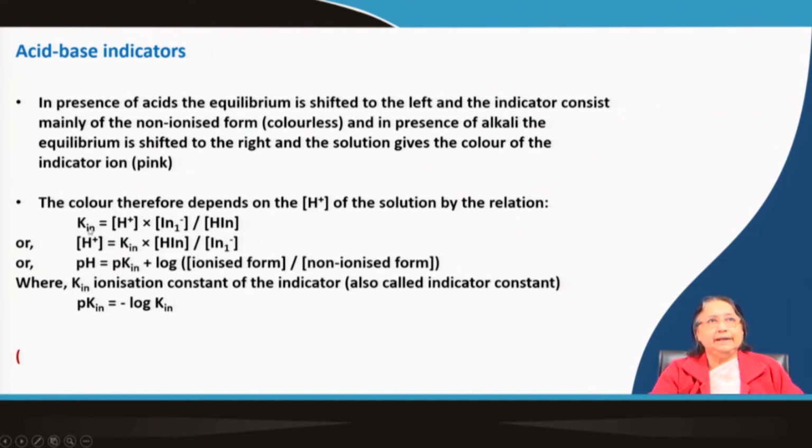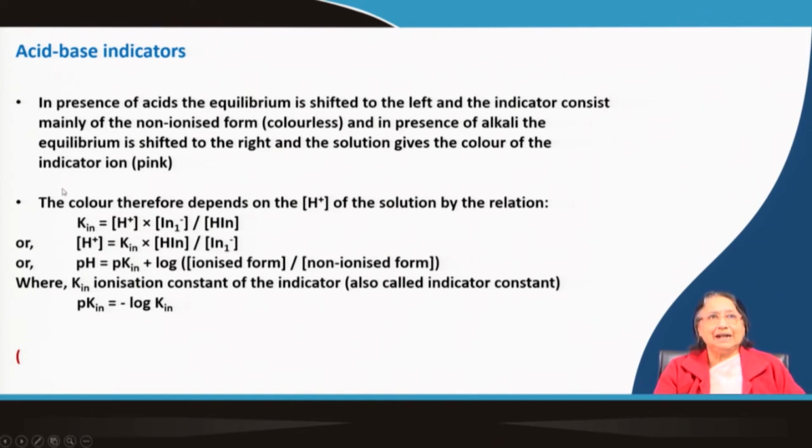How? K indicator, this is the equilibrium constant, because you can think that HIN is giving H plus plus IN minus. I have shown you the equation in the previous slide.